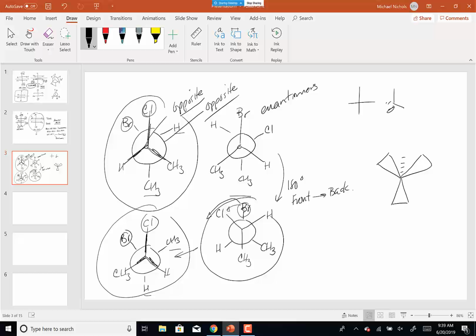You could, and this would be perfectly fine. So you'd have to say, okay, for this front carbon right here, I've got a chlorine, a methyl, a hydrogen, and something other than a methyl. So what's group number 1? Chlorine. What's group number 2? Sorry. What's group number 4?